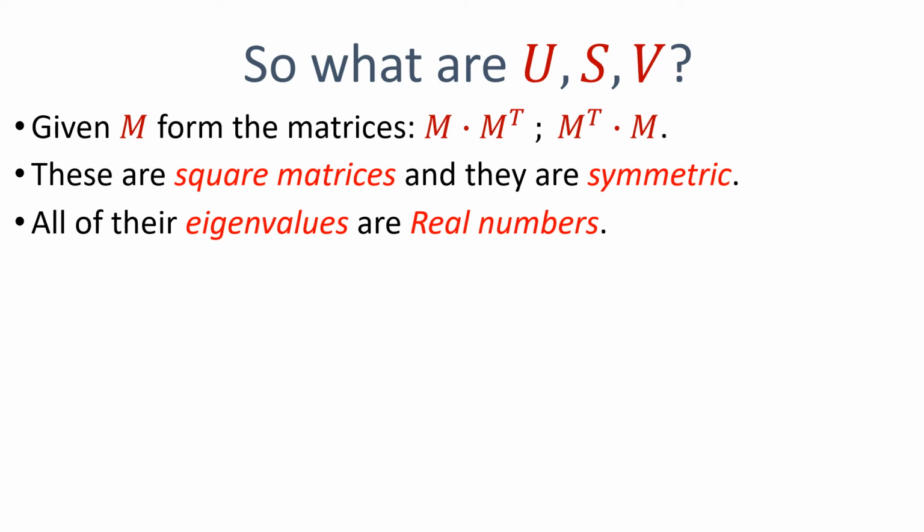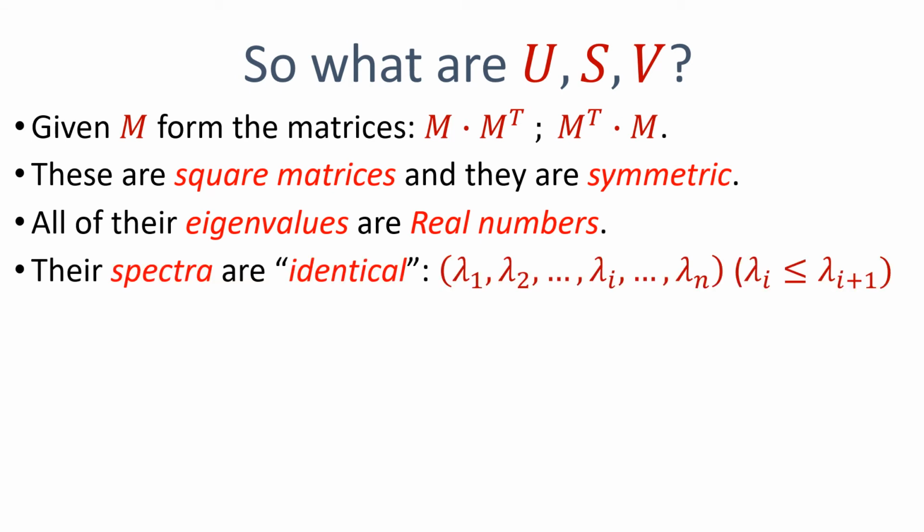One of those properties is that all of the eigenvalues of a symmetric matrix are real numbers. We don't have to be dealing with complex numbers for symmetric matrices. If we look at the spectra of these two matrices, in effect their spectra are identical. We have the same collection of eigenvalues.